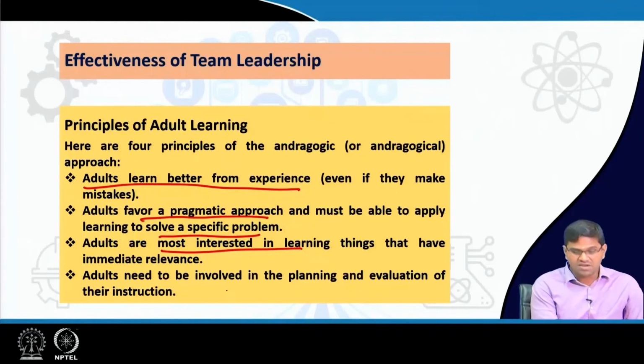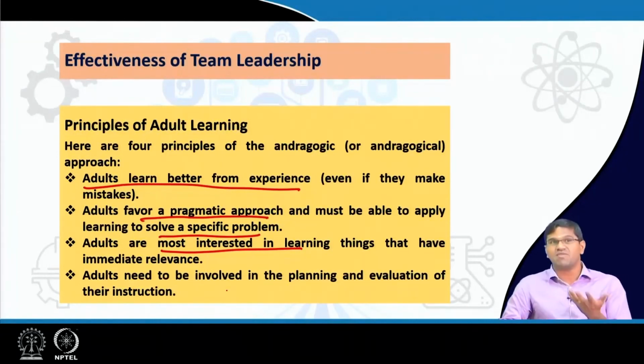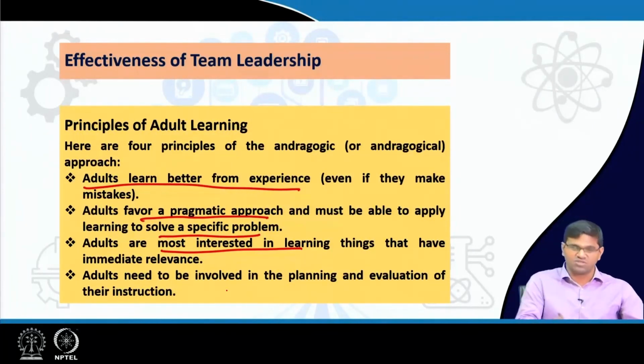Adults also need to be involved in the planning and evaluation of their instruction. They want to say what the content of the program should be, what type of training, and what type of evaluation system there should be. So these are the principles.